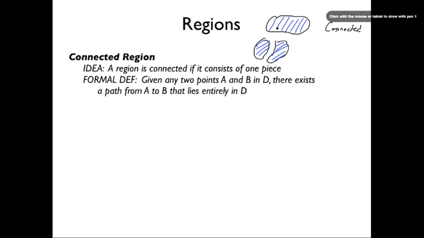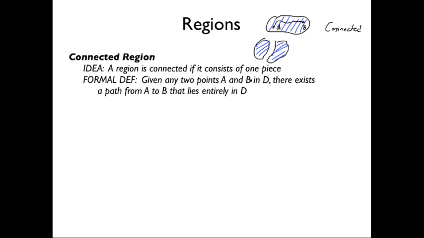So given any 2 points, say A and B, in D, does there exist a path such that every point on the path is in D? So that's easy, right? If it's connected, that means you can get from any point A to any other point B by staying in the region.